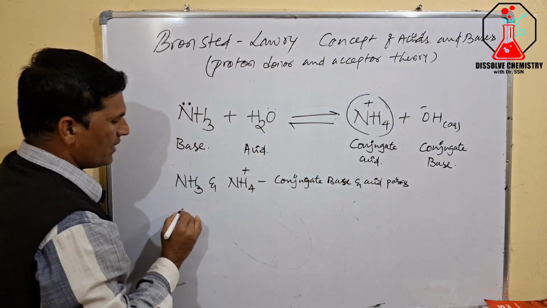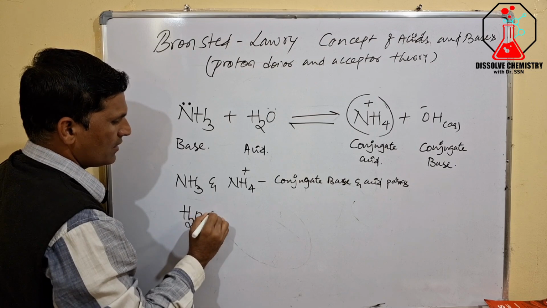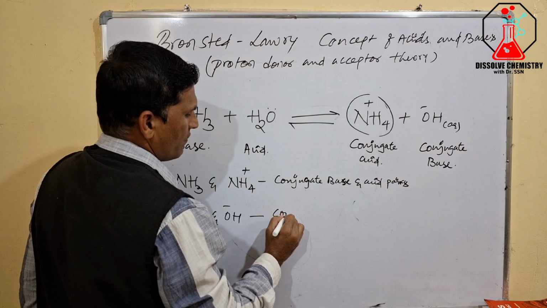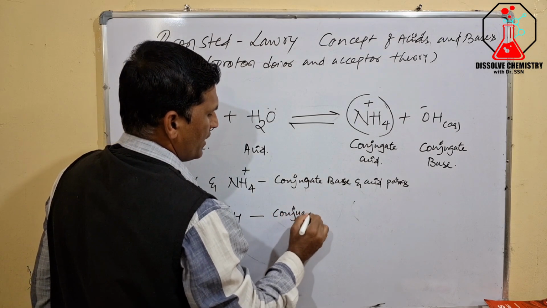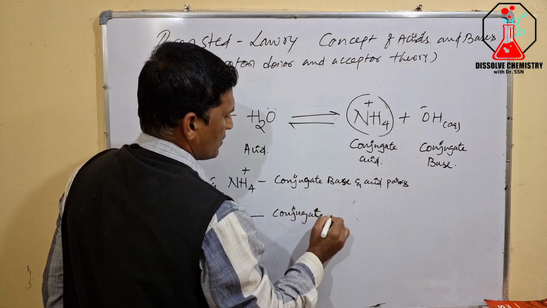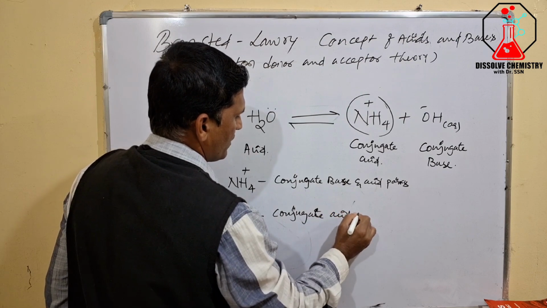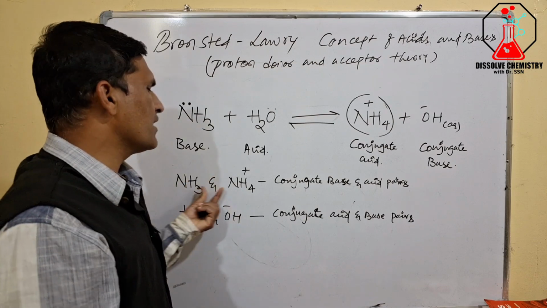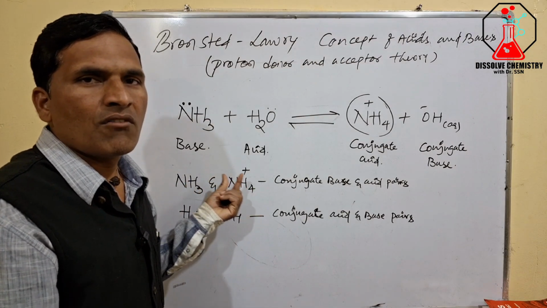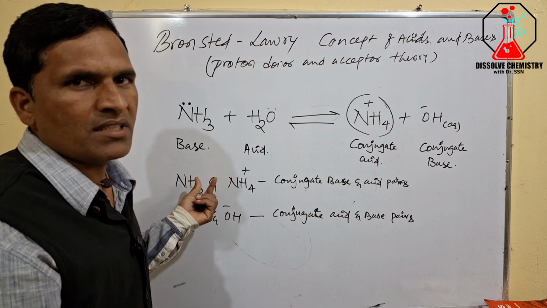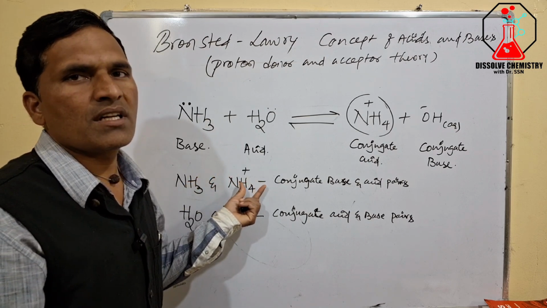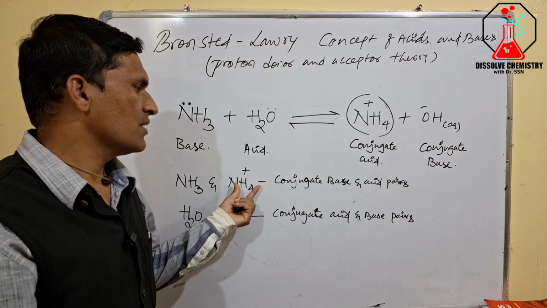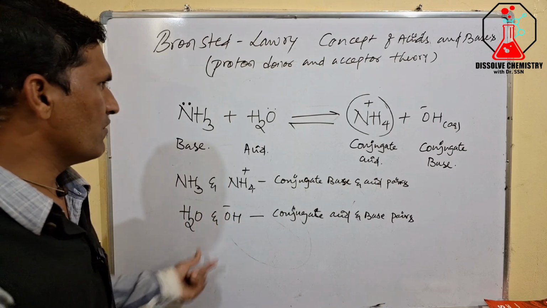Similarly, water and OH minus are referred to as a conjugate acid base pair. Now how do these conjugate acid base pairs differ? They differ by one proton. The one which is less by one H plus is referred to as the base. The one which is greater by one H plus we call the conjugate acid.